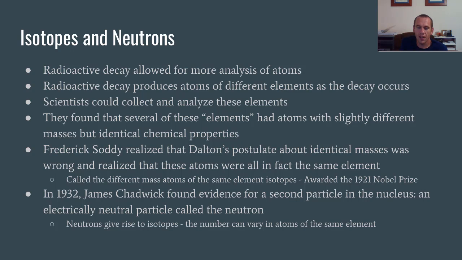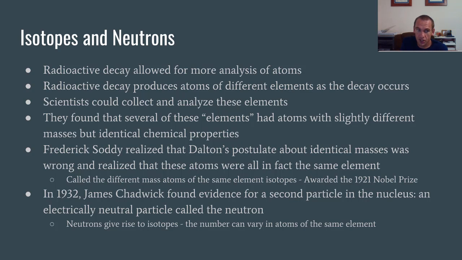But then once you had groups of these and you started analyzing them, these different elements actually turned out to have identical chemical properties. And so that meant that something weird was going on, because if they have identical chemical properties, they're probably the same element, but they have different masses, so something was conflicting with Dalton's original theory that said atoms of the same element have a characteristic mass.